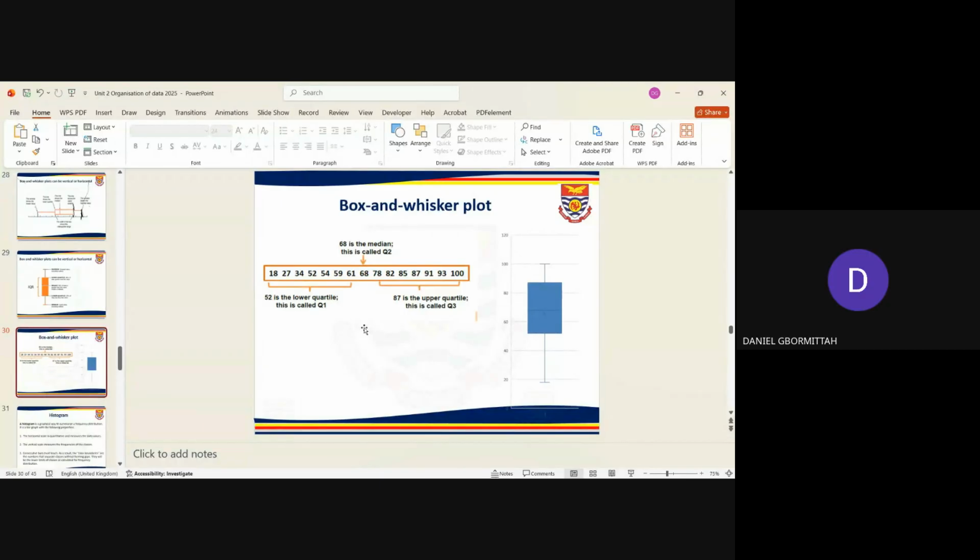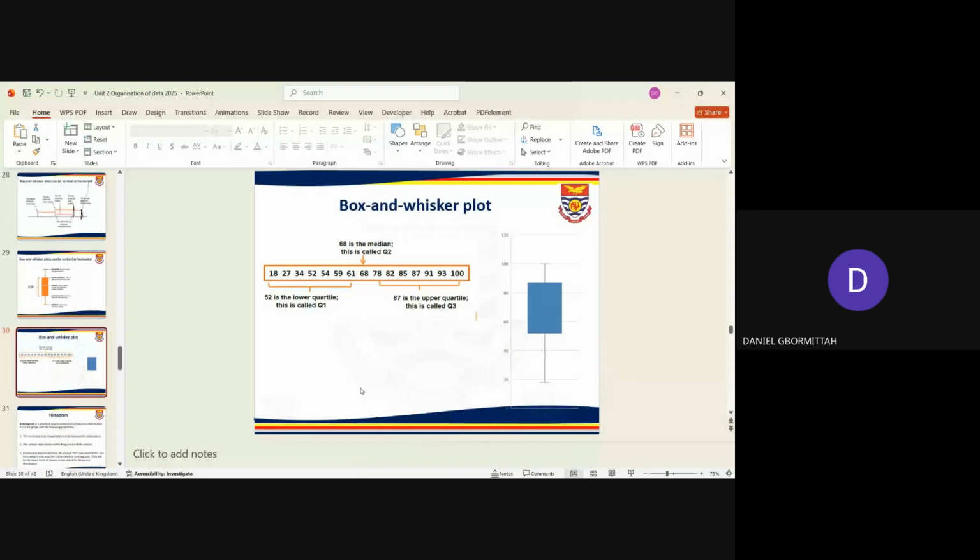Now, can we find the lower quartile? But before we find it, how many observations do we have here? 15. Because the number of observations is odd, we have to use 1/4 times the summation f plus 1.